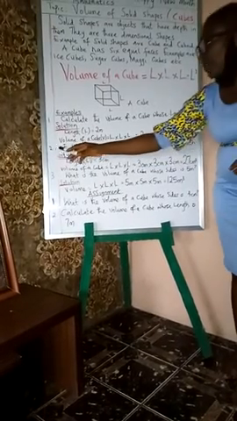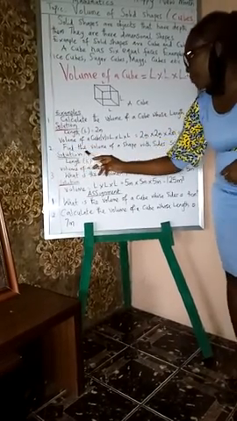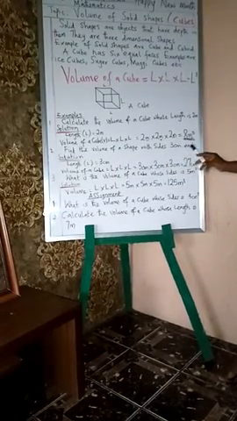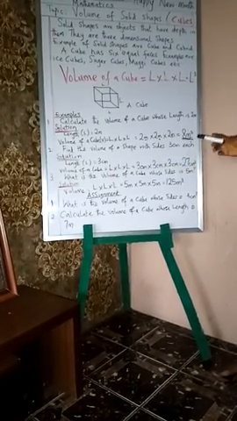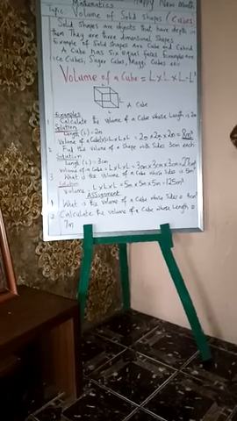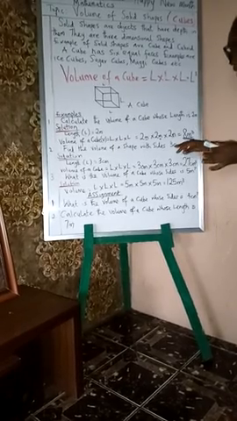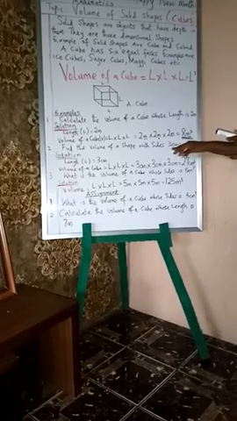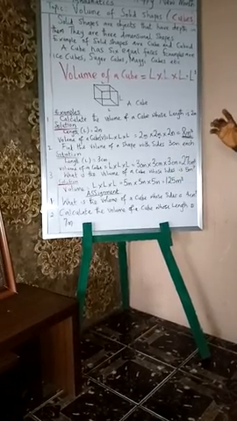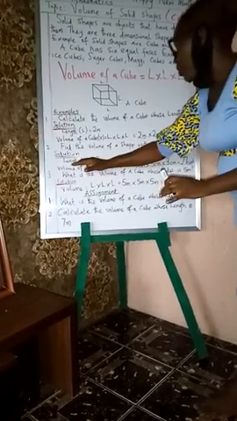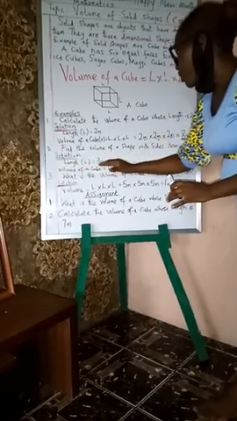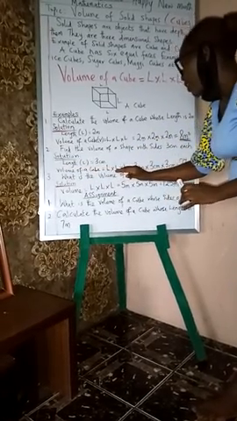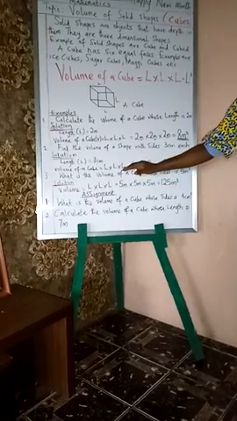Good. Now look at example 2. Example 2 says, find the volume of a shape with sides 3 centimeters each. Now, what are we talking about? What we are saying now is that the cube has the side as 3 centimeters, and at this junction, the first thing you know to do is to lay your emphasis. Your length is what? 3 centimeters. The volume of the cube is L times L times L, which also is the formula.